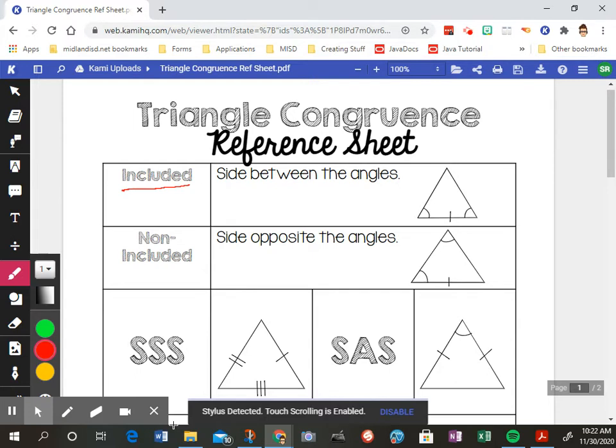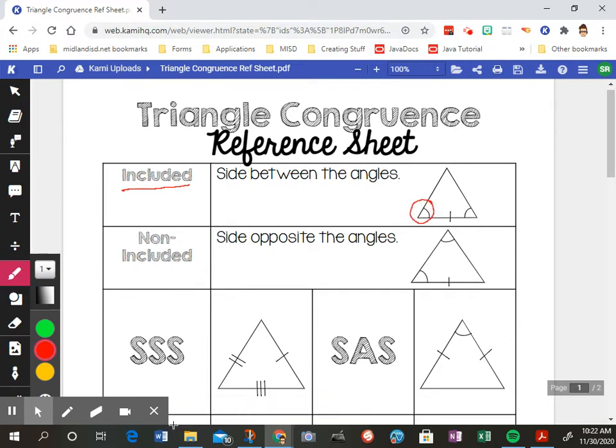So when we talk about a side between the angles, so here we have an angle and an angle, they're marked with the little arcs. There's a side with a little tick mark right in between them. When we see this, we say angle, side, angle. We're going to see a lot of S's and A's in here.